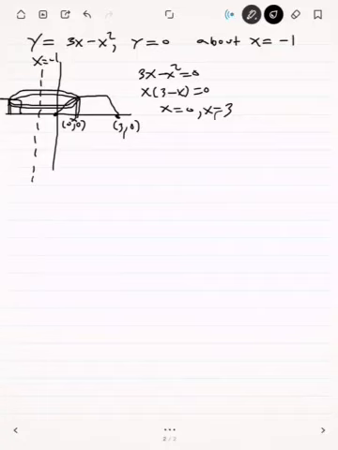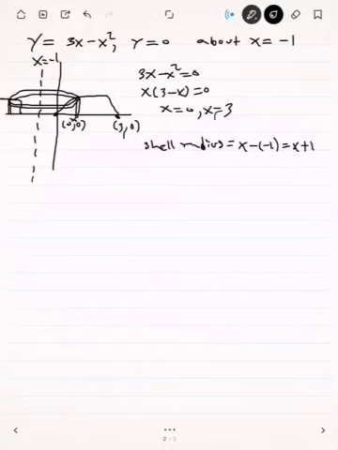Okay, this time the shell radius is how much we measure from 0 to x plus the axis of rotation, or minus the axis of rotation, so it'll be x minus -1, so that becomes x plus 1. That is the radius of the shell.